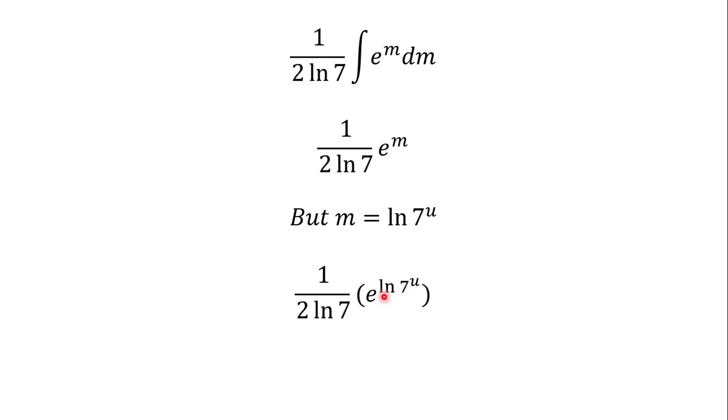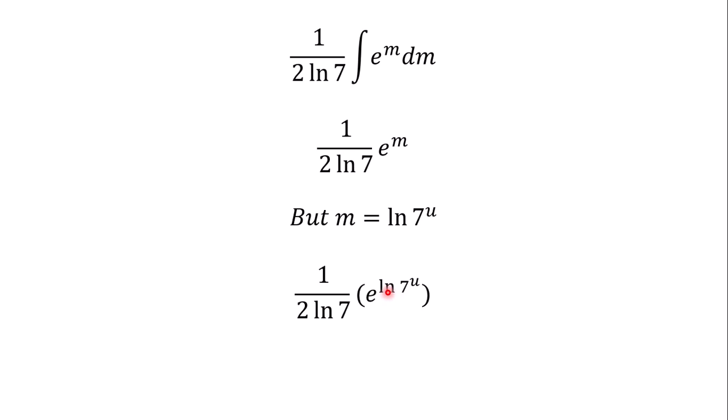So here this is going to confirm what I said earlier, that when you rewrite and you compute, at the end of the day you should get the same thing. So let's find out if you are going to get the same thing. Okay, so here e raised to the power ln 7 raised to the power u. Now let's see what we are going to get.